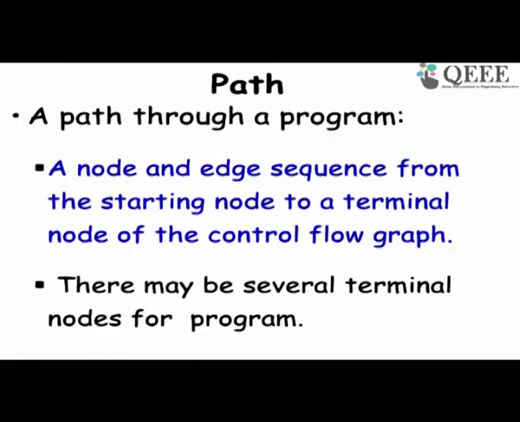Now how do we define a path through a program? A path is a node and edge sequence from the start node to the terminal node on the control flow graph. So we look at the control flow graph and try to find out how many node and edge sequences exist from the start node to the end node.